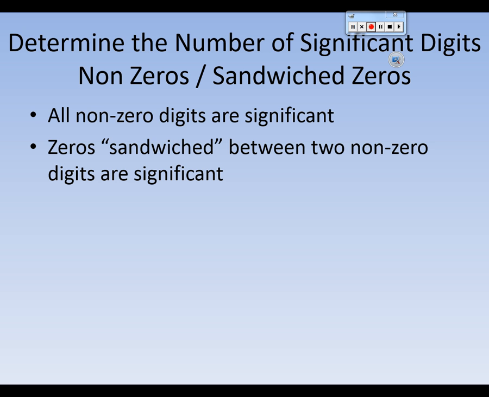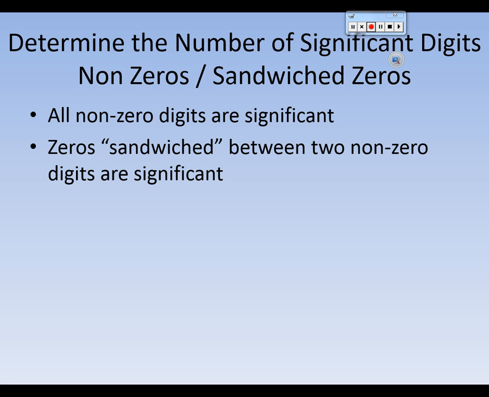All right. The next rule deals with sandwich zeros, or zeros between two non-zeros. Sandwich zeros are always significant. So if you read the ruler and it's 707, that's 3 significant digits because the 0 is significant there because it's sandwiched.